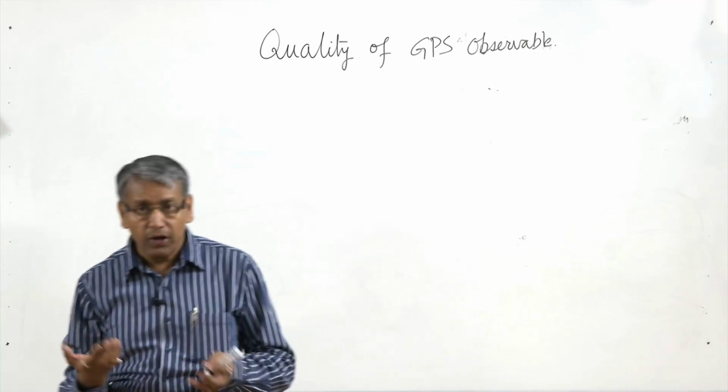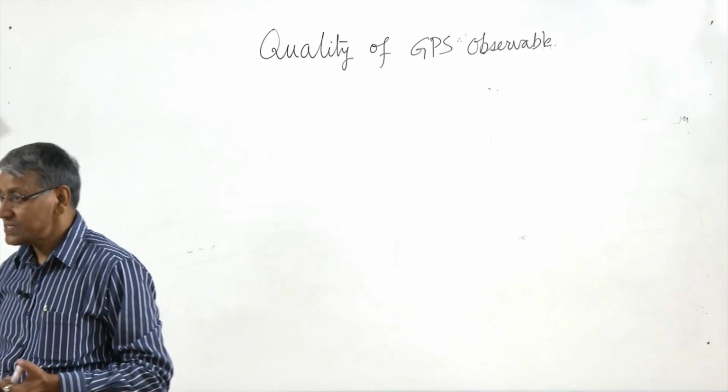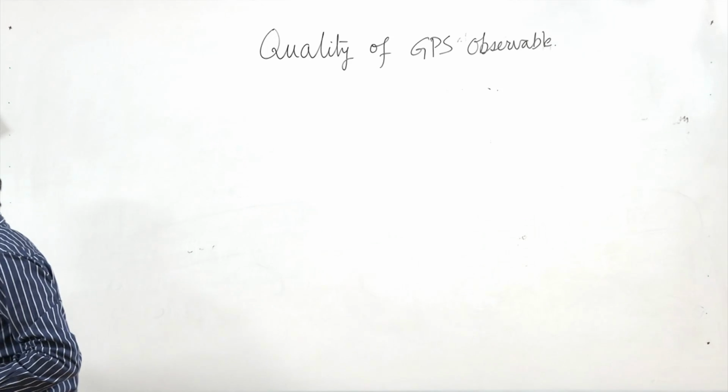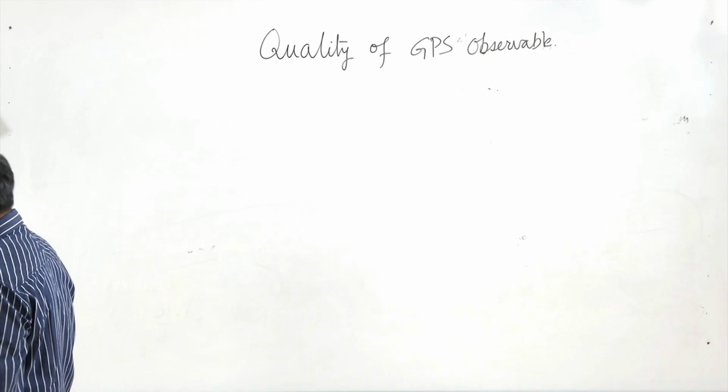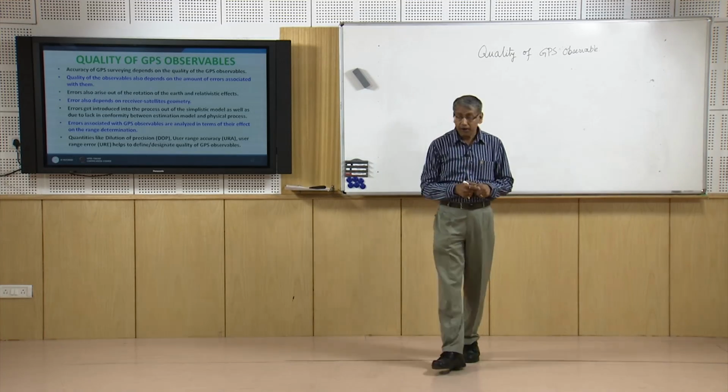The errors that will be present in the GPS observable, I have already told you the different sources. Apart from that, there may be error due to earth and relativistic effects, and due to the geometry of the satellites with respect to the receiver.